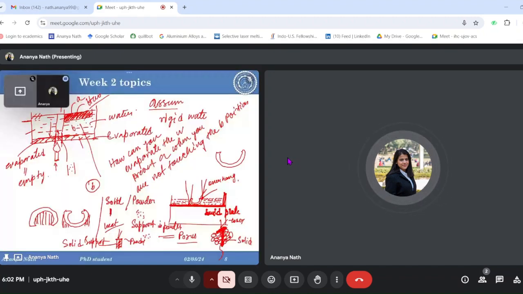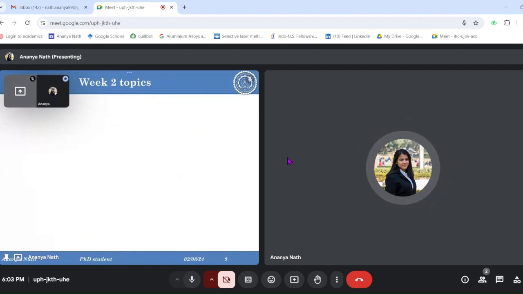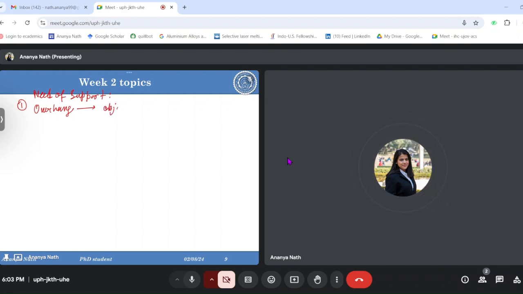So this is why in LPBF or in any type of additive manufacturing process, it can even be SLS, the support structure is needed to dissipate the heat. And that's what I was trying to tell you, that the need of support structure is certainly, the main point, which is overhang, to give physical support to the overhang portions present in an object.